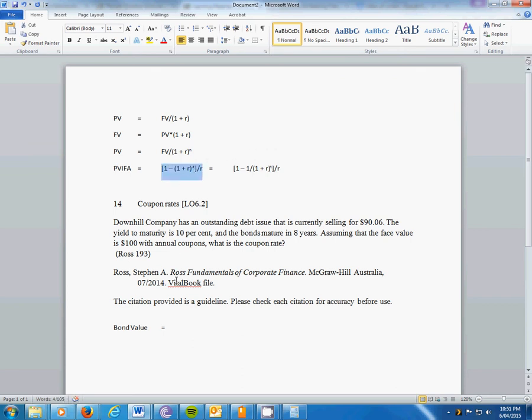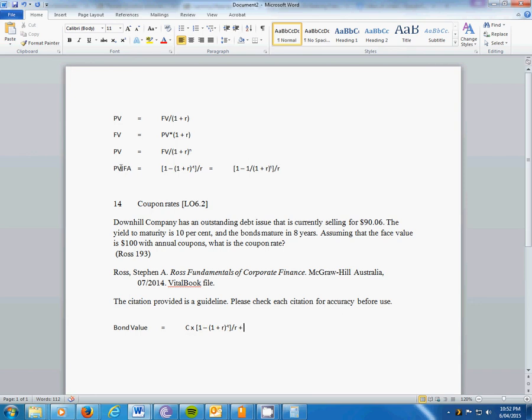The first thing we need to do is grab the annuity part of it. The annuity will be calculated using the present value interest factor of an annuity. So we'll just plonk that there. Now we've got to multiply that factor by C, right? So we'll put a C in there.